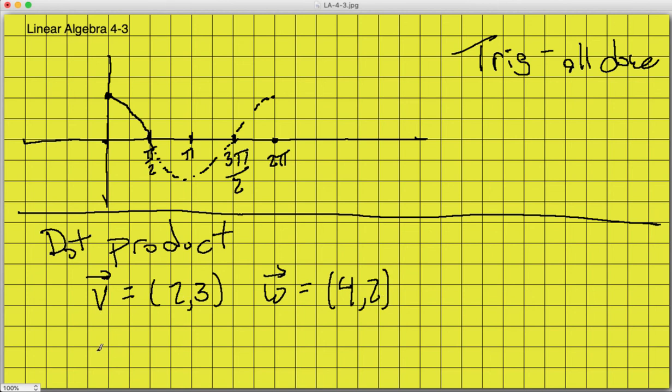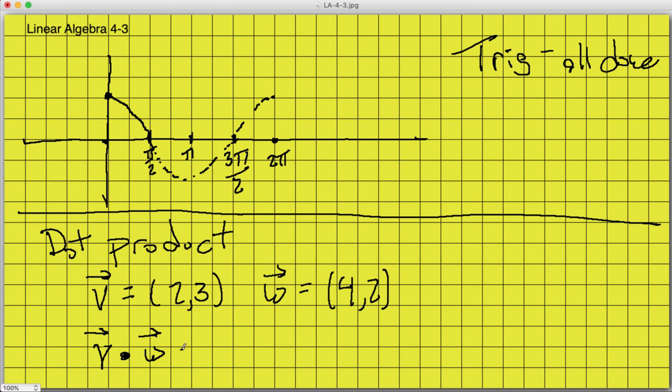There's something called the dot product v dot w, like that.